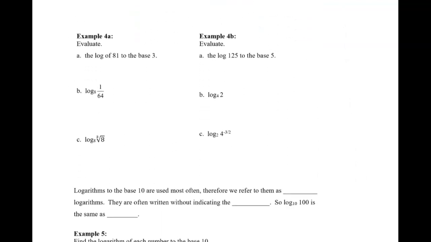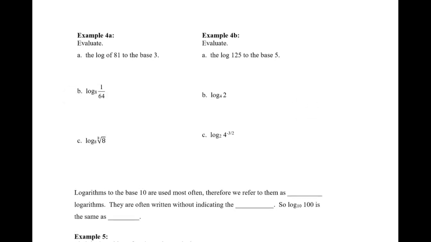Okay, now we have some more examples. So the log of 81 to the base 3. So log of 81 to the base 3 kind of sounds weird, but basically our base is 3 and this is 81. So what this expression is saying is 3 to what power equals 81.